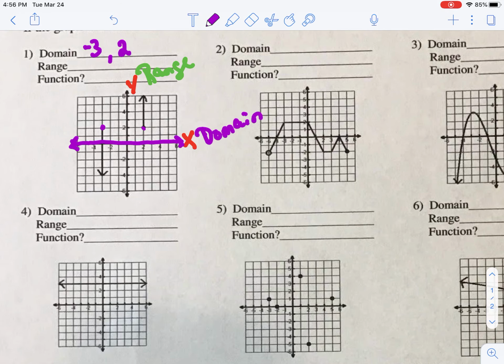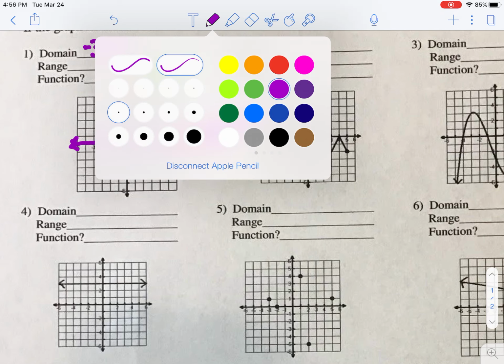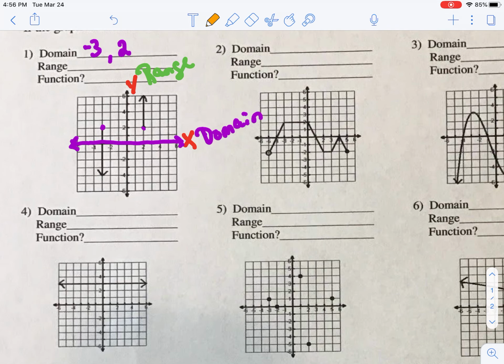Now, for the range, we're focusing in on the y-axis. Right, now if we look at the graph that they gave us, our y-axis starts here, but it's continuing down. Do we know where it stops if there's an arrow?